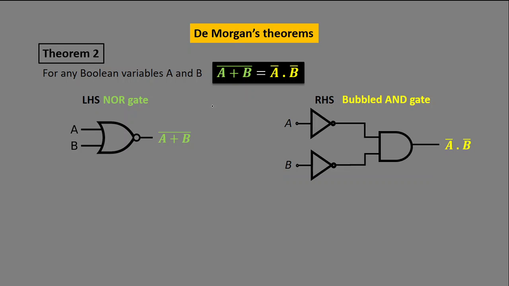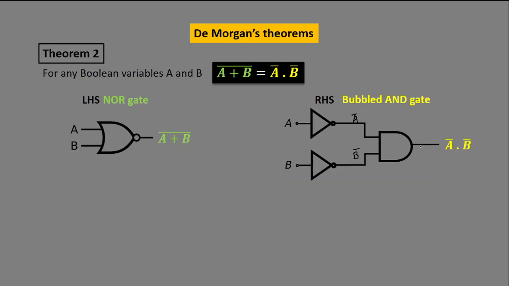Here you can see the same situation again. A is given as an input to this NOT gate, then the output of this NOT gate will be A complement. Then B is given as an input to this NOT gate, and the output will obviously be B complement. Now this AND gate receives two inputs, A complement and B complement.